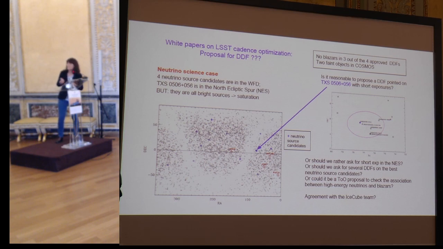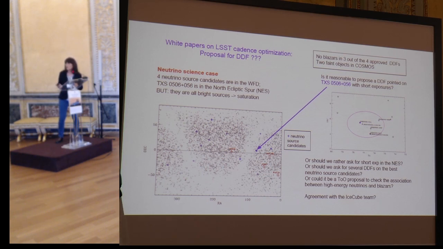So the question is, is it reasonable to propose a deep field pointing on this object with short exposure? Otherwise, it will saturate. And the field would look like this, and it would contain 4 other blazars, so it would be a nice field for blazar studies. Or should we rather ask for short exposure in the North Ecliptic Spur mini-survey?